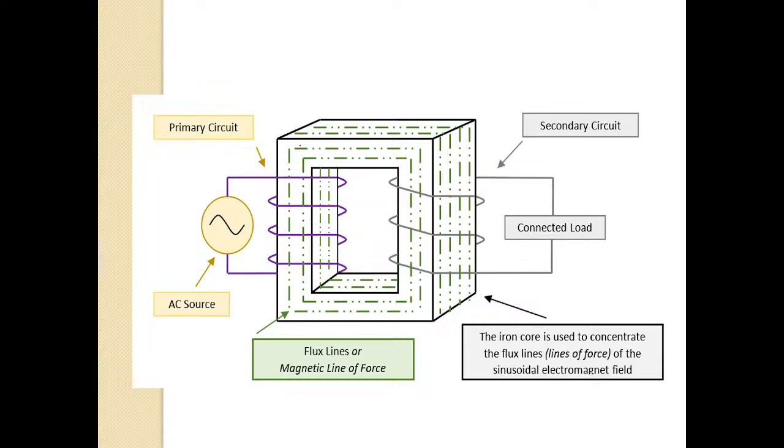You can see here in this diagram many flux lines. All these green dotted lines are the magnetic flux lines.